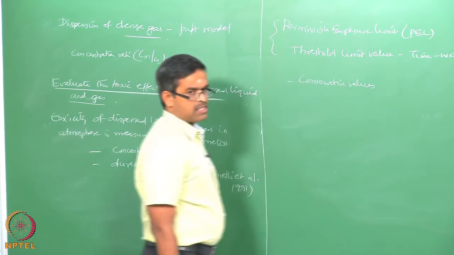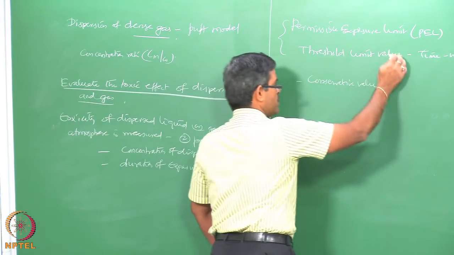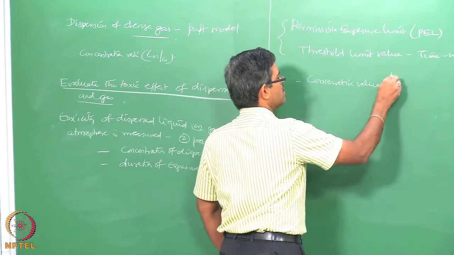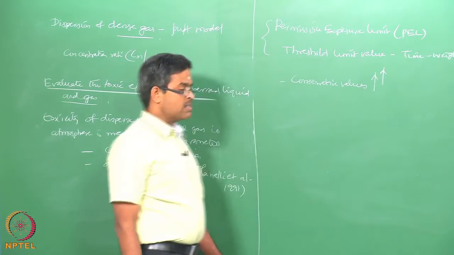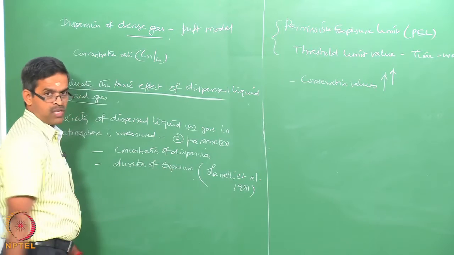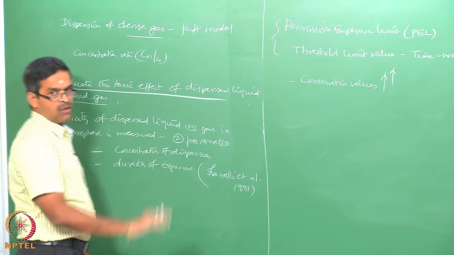The estimates given by these two limits for a specific chemical release will always be higher compared to considering the parameters of concentration of dispersion and duration of exposure.